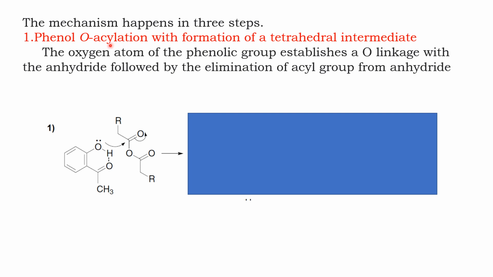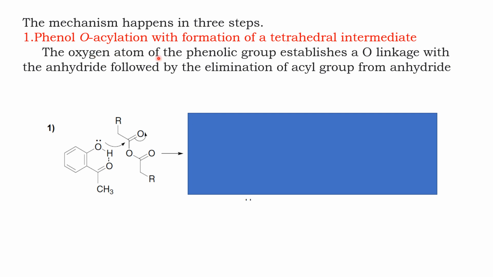It undergoes reaction at the oxygen of the phenolic group, because we are taking an ortho-hydroxy aryl ketone. So the phenolic oxygen acylation occurs to form a tetrahedral intermediate.